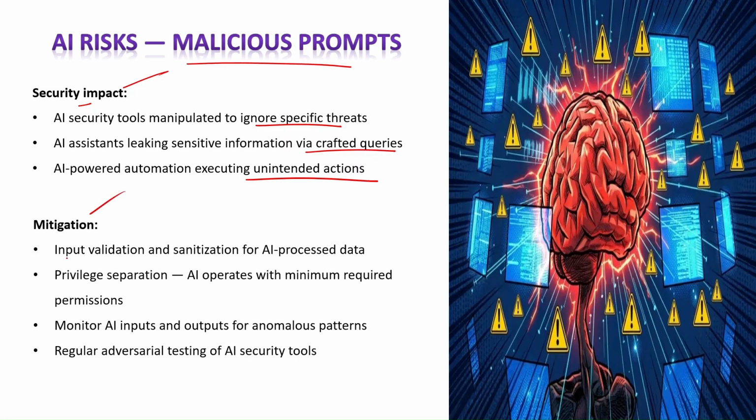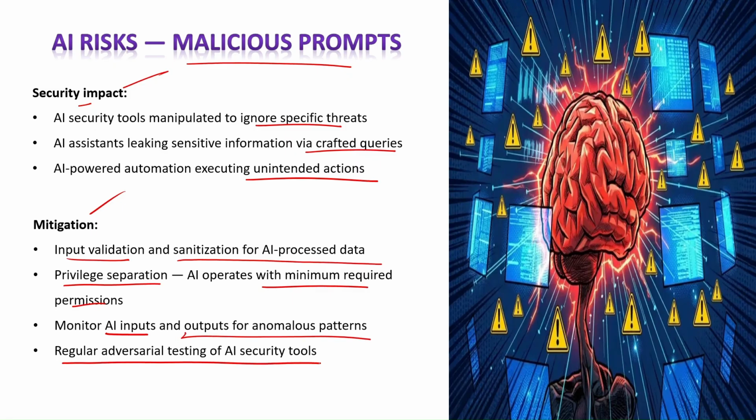Mitigation includes using input validation and sanitization for AI processed data, privilege separation so AI operates with minimum required permission, monitoring AI inputs and outputs for anomalous patterns, and regular adversarial testing for AI security tools.